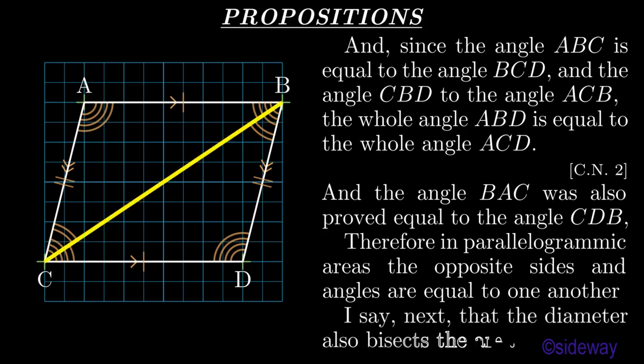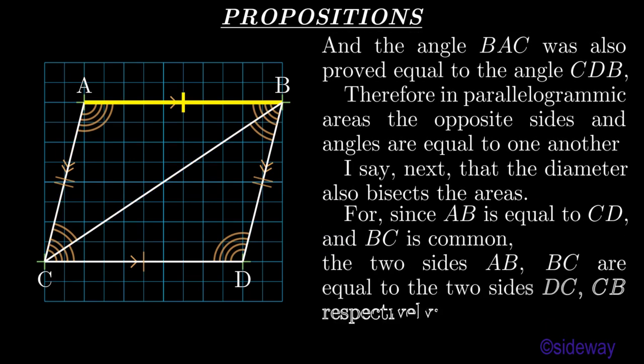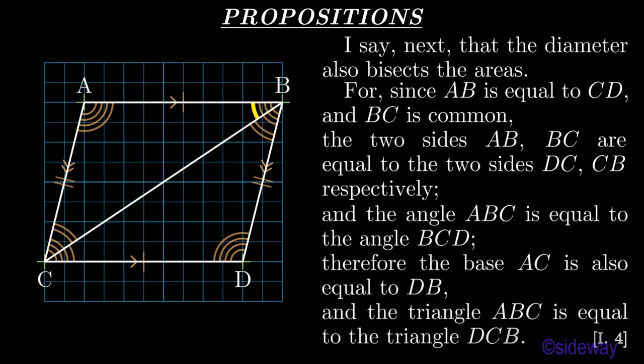I say, next, that the diameter also bisects the areas. Since AB is equal to CD, and BC is common, the two sides AB, BC are equal to the two sides DC, CB, respectively. And the angle ABC is equal to the angle BCD.